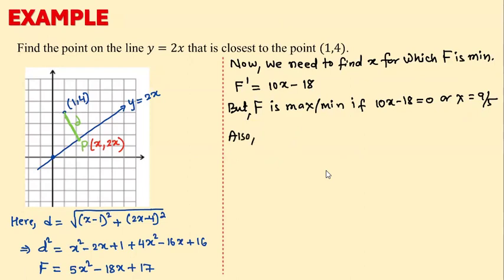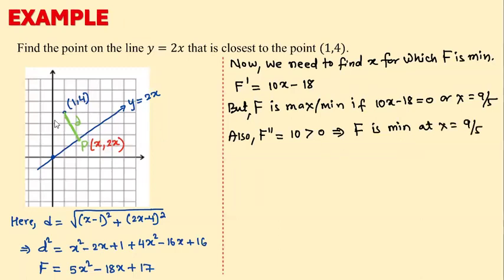The second derivative, if you differentiate this again, you get a 10, which is greater than 0. Second derivative is positive. If the second derivative is positive, this means that f is maximum. I mean, f is minimum, right? Second derivative is positive, so the function is minimum at x equal to 9 over 5.